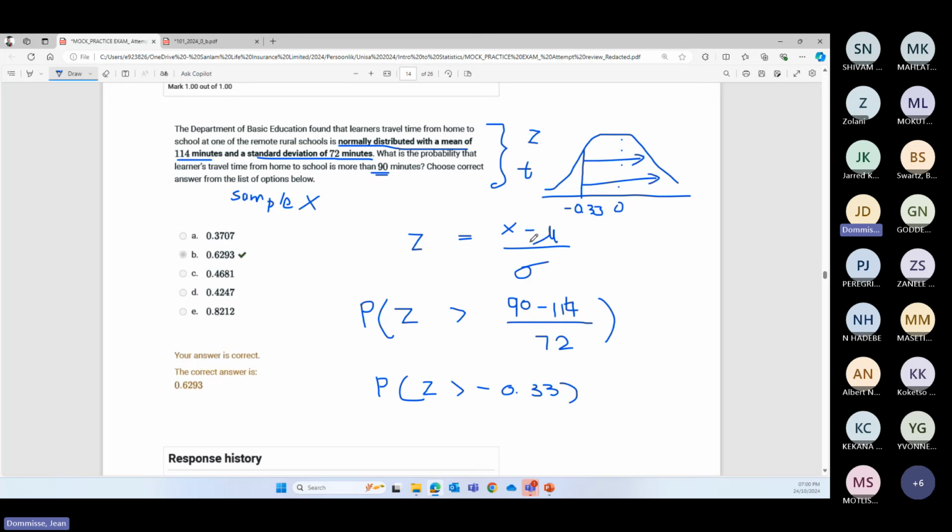What I will do is use the positive Z of 0.33, then it's just the other way around, but it will give us that bigger area.